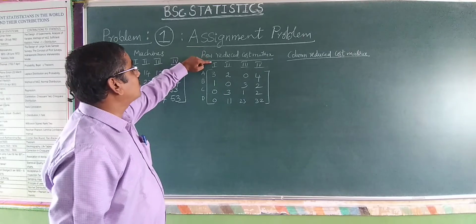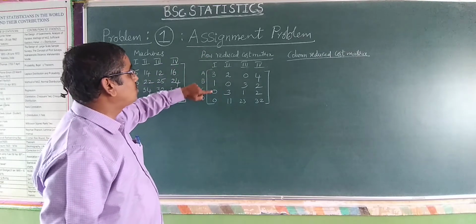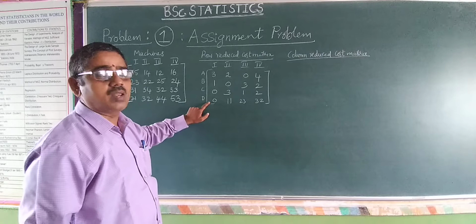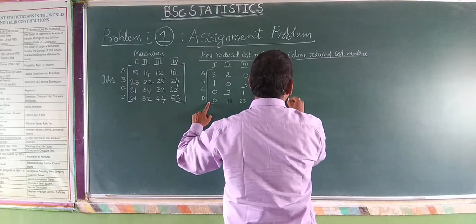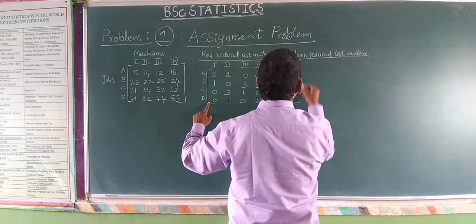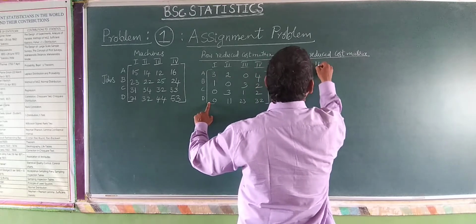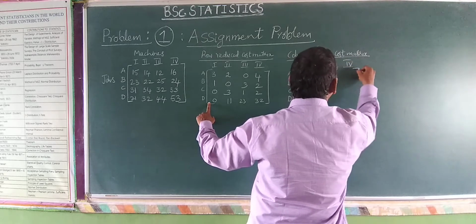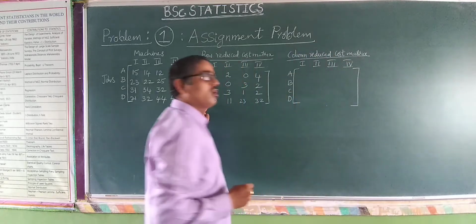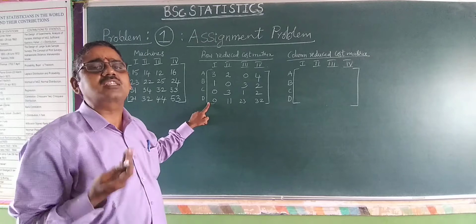For example, consider the first column 3, 1, 0, 0. So 0 is the minimum element. Therefore, if you subtract 0 from all the elements, you will get the same. So I am writing it as it is.